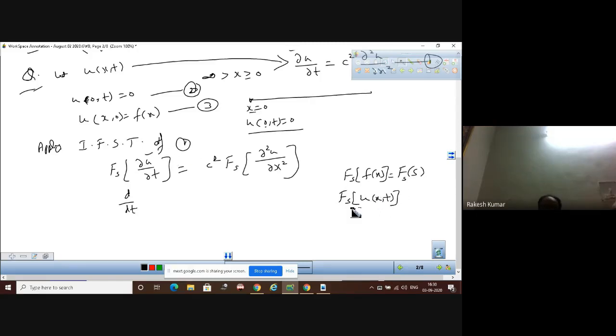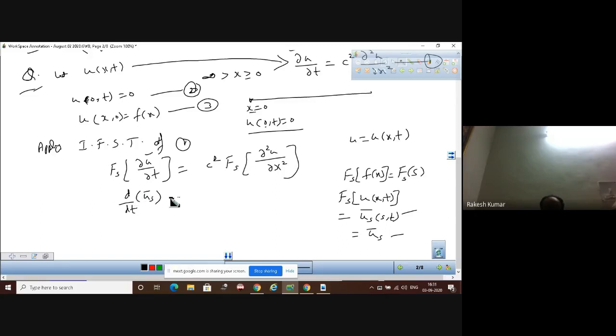U or u(x,t), both are the same. U is a function of x and t. So what will this be? There will be u s bar, and here it is a function of s and t. So you can write it in both ways.